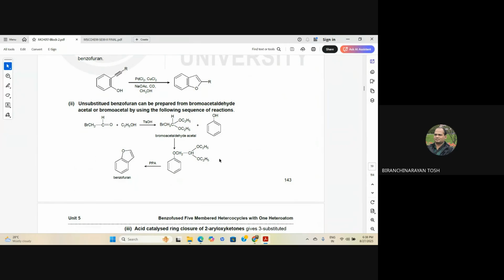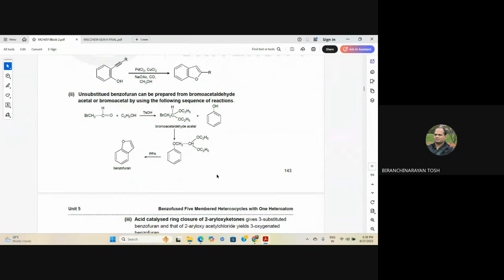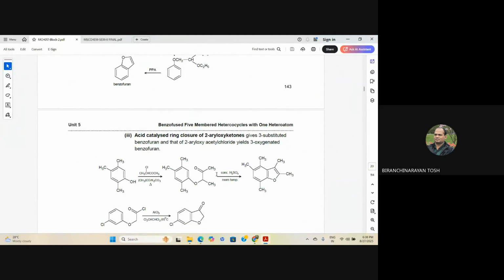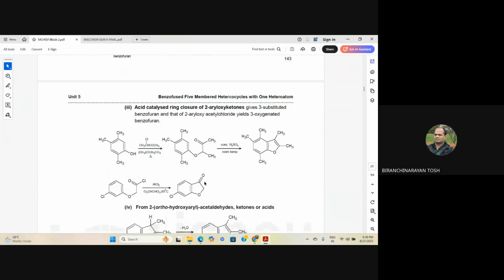Then acid catalyzed ring closure of 2-aryloxyketone. This one I have taken, it is not aryl.